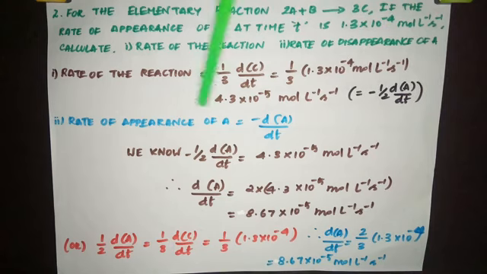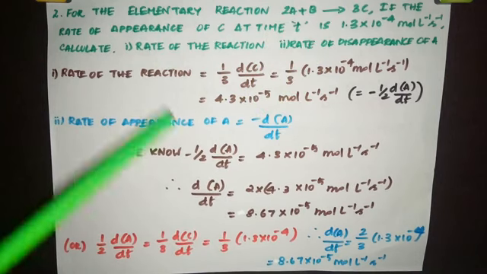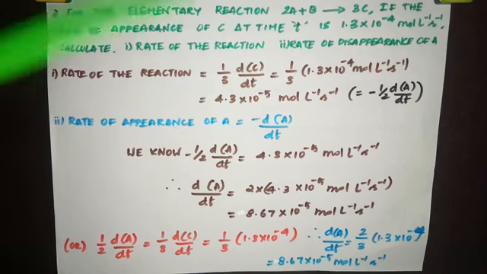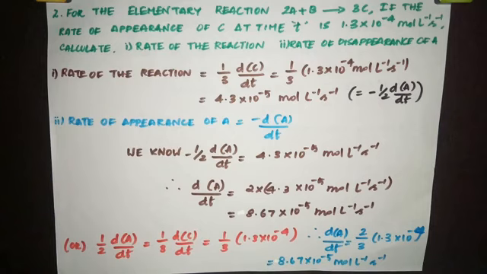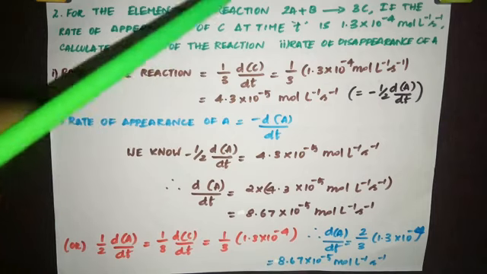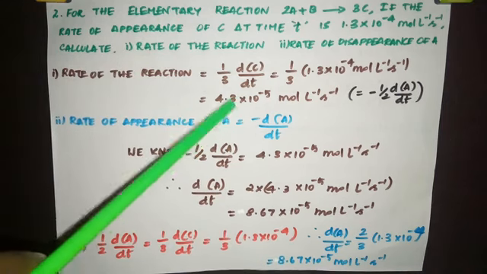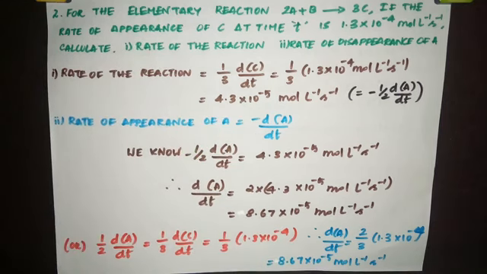So to find out the rate of disappearance of A, minus dA by dt, how can you relate that with this? You can actually find this out in two ways. One, you can write directly the rate of the reaction in terms of A. You have found out the value of the rate of the reaction, and that is also equal to minus 1 by 2 dA by dt.